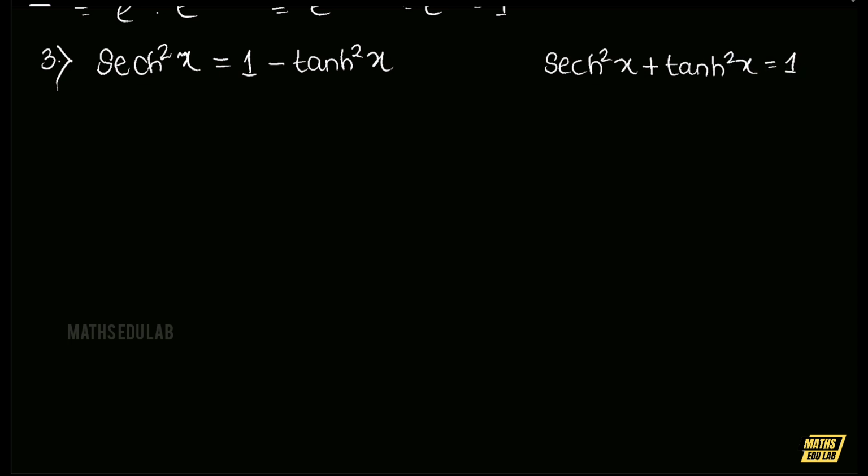And also there is one more formula, which is sech hyperbolic square x is equal to 1 plus tanh hyperbolic square x. So I can write this one as sech hyperbolic square x plus tanh hyperbolic square x, which is equal to 1.